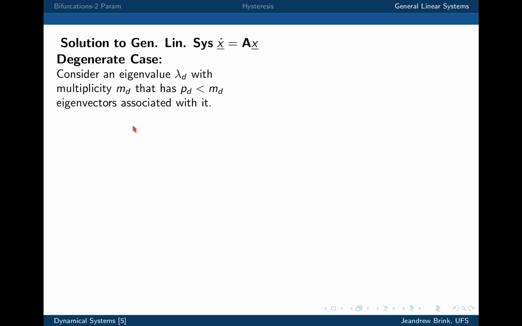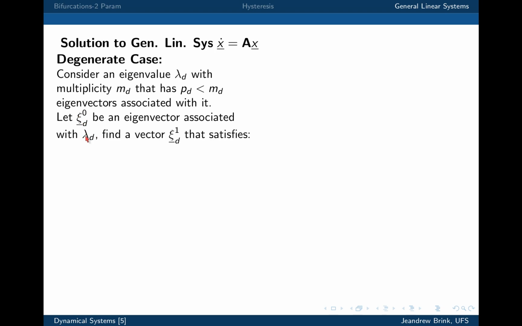So what we have to do is construct the extra solution. And the way we do it is to find another vector that is not an eigenvector, but is a sort of family of the eigenvector. Let's call the eigenvector we've got associated with this, and we know the eigenvalue is lambda d. Now we construct another vector that's not an eigenvector, and it must obey this.